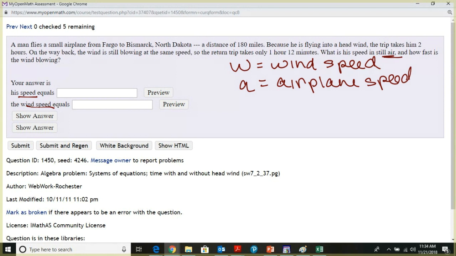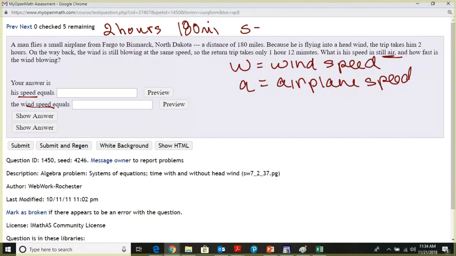Okay, so we're going a total of 180 miles. So imagine if there was no wind whatsoever. If I told you it took me 2 hours to go 180 miles, what would you tell me my speed was?